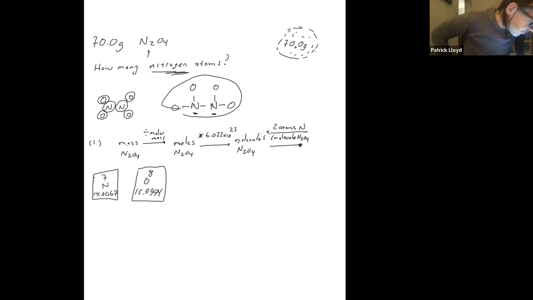All right, so let's do the molar mass. The formula is N2O4. So there's 2 nitrogens, so 2 times 14.0067. The units of molar mass are grams per mole.